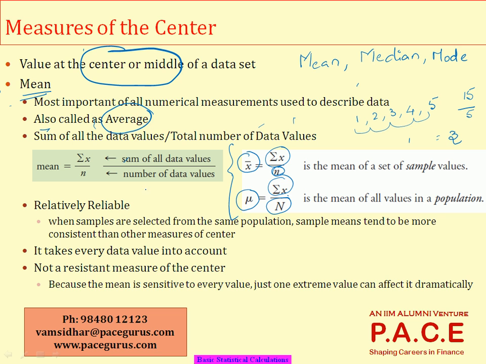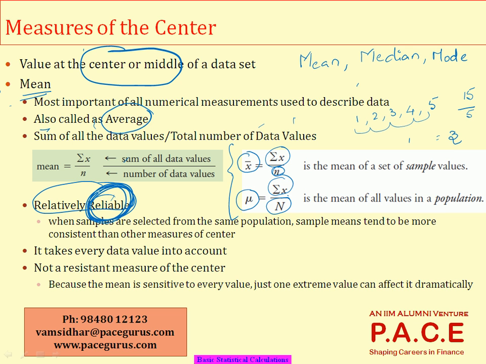And some of the advantages people look at with the usage of mean is that it is relatively reliable, because any calculation which we make should have a lot of reliability. What it says is, if you are taking a good sample size, which is more random in nature and all those characteristics being satisfied, whatever different sample we take, the mean of the sample is more and more consistent compared to the other measures.